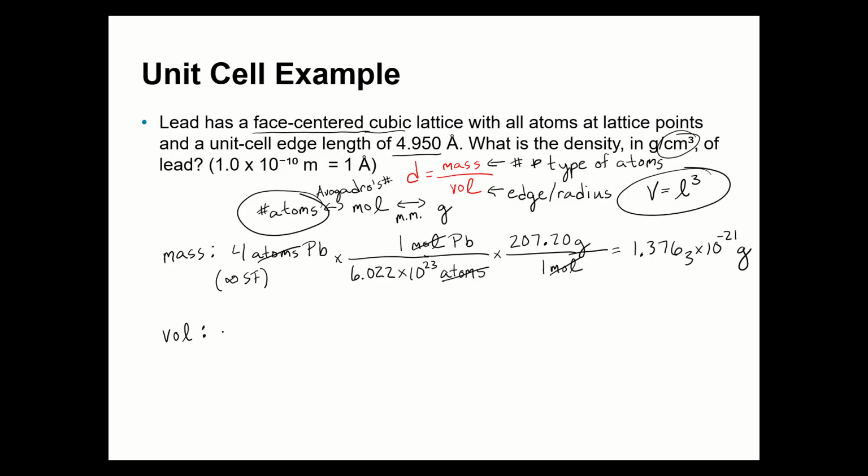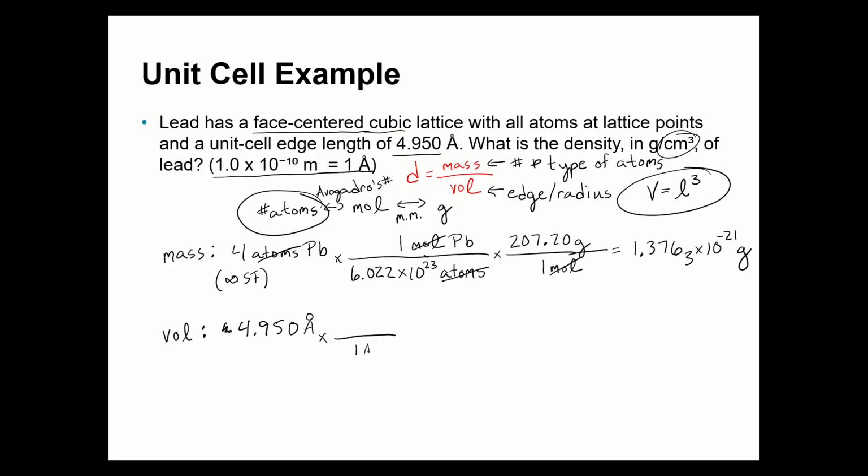Okay, so we're going to take that 4.950 angstroms. And we know that 1 times 10 to the negative 10th meters equals an angstrom. And we're going to consider that exact by definition.